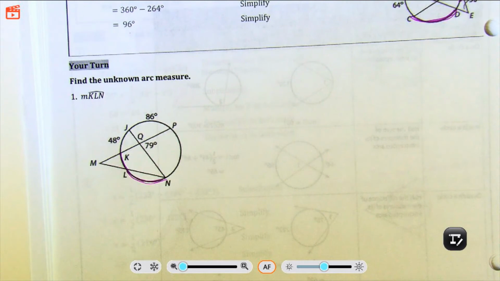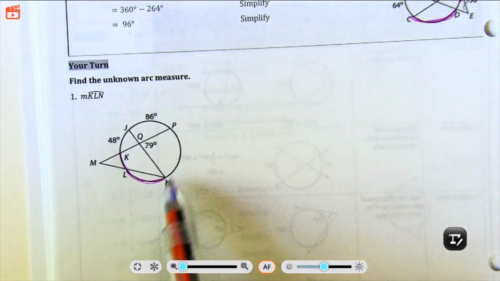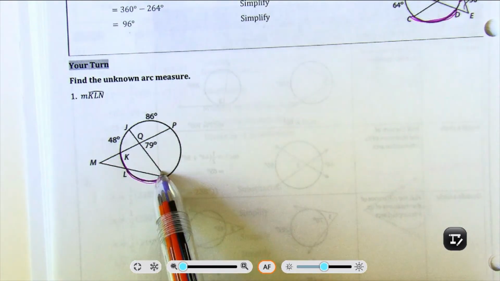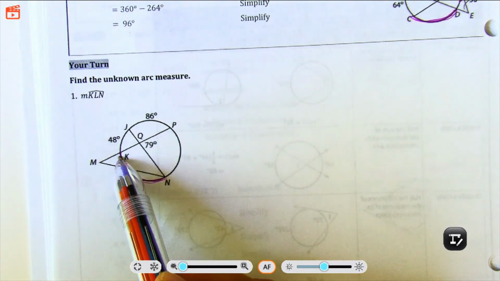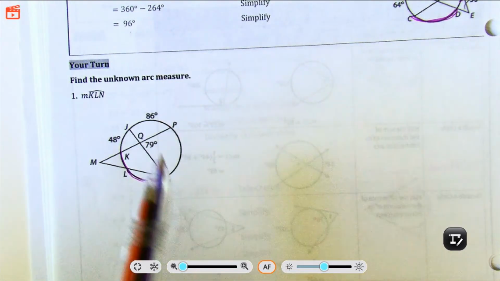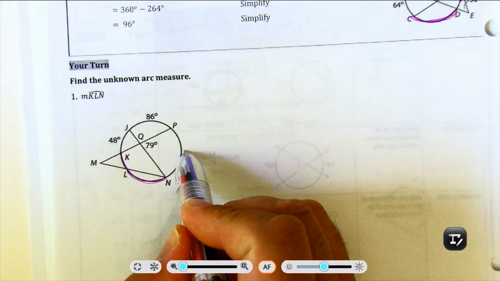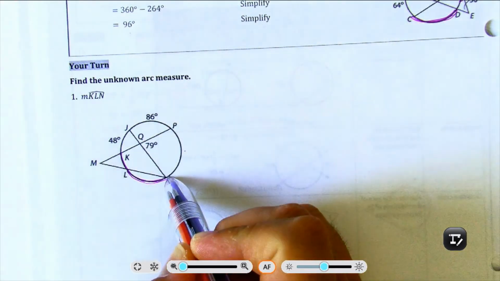I notice that angle PMN gives us arc PN, angle JNM gives us arc JK, but we already know that. So first I'm going to find out what arc PN is. Once I know what this arc is, I can find this arc by subtracting from 360.